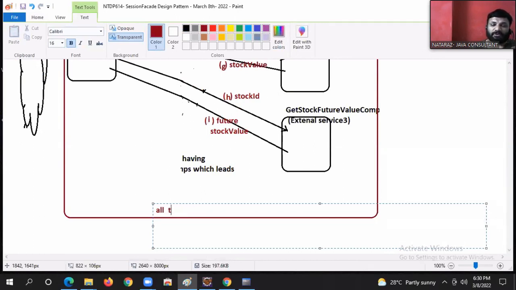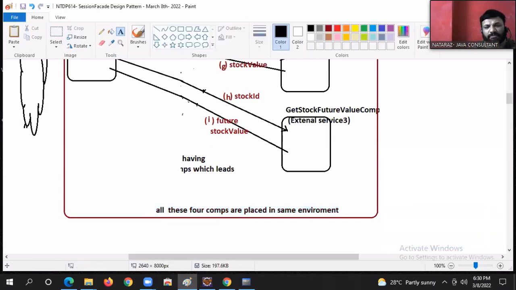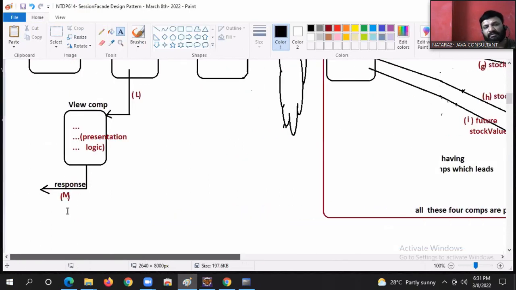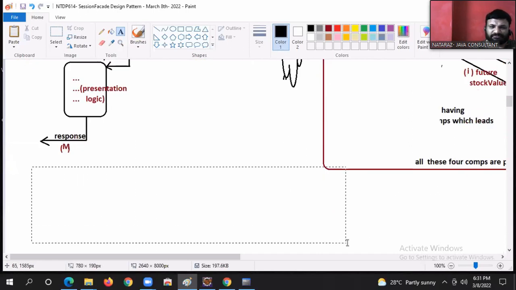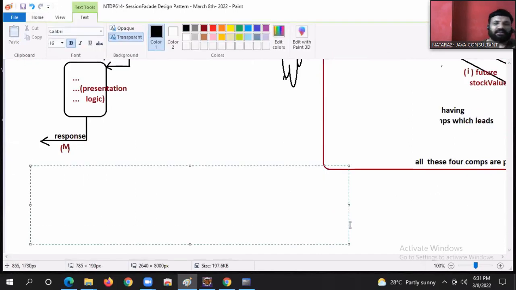All these 4 components are placed in the same environment. I hope you got the clarity, guys. Okay, shall we go for now?